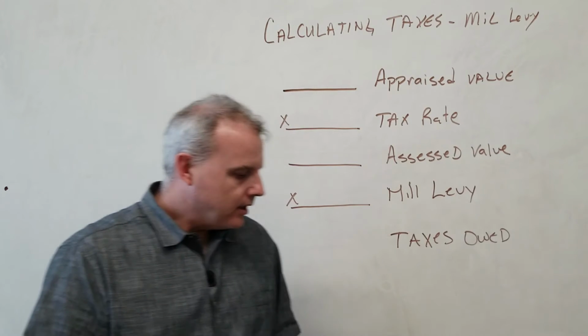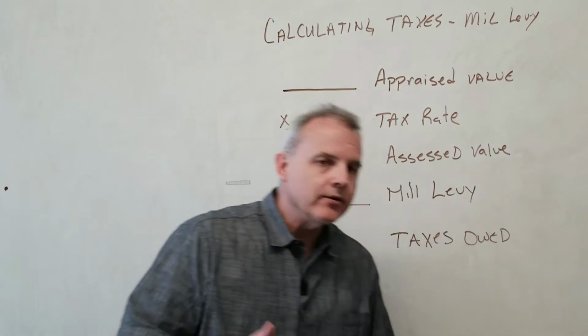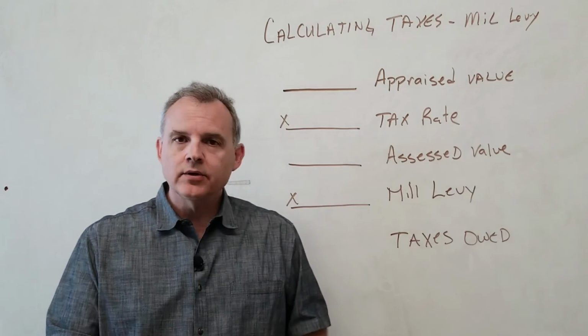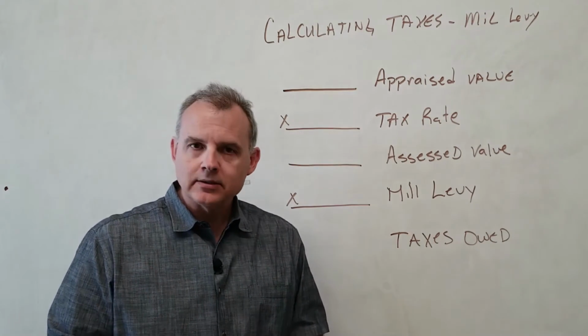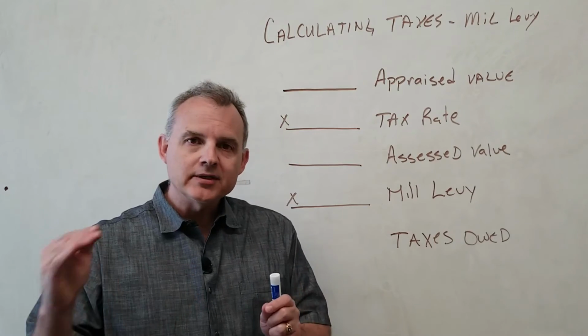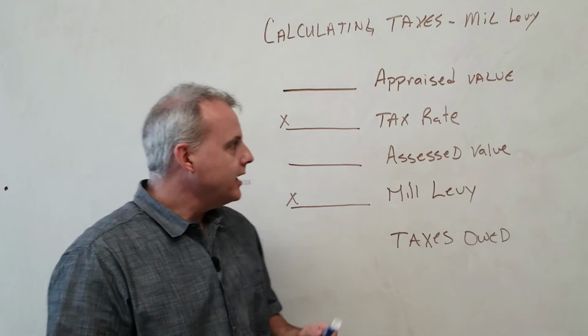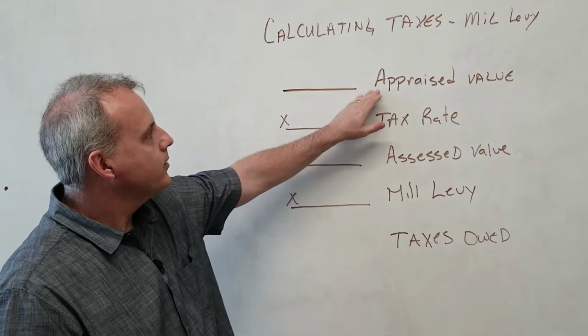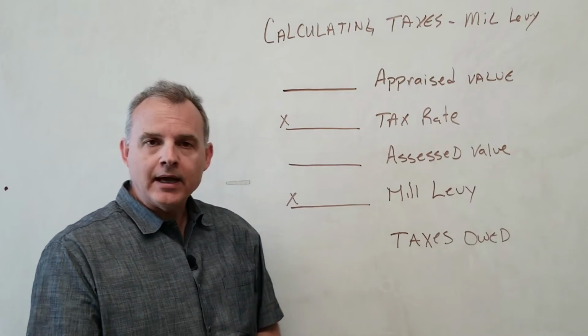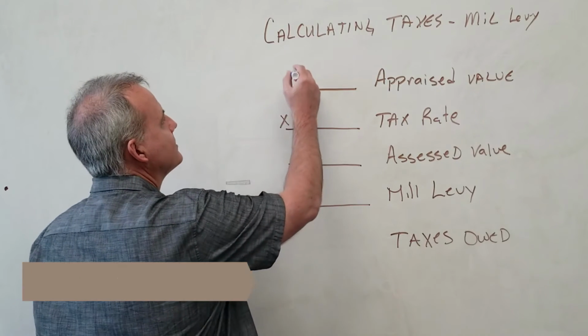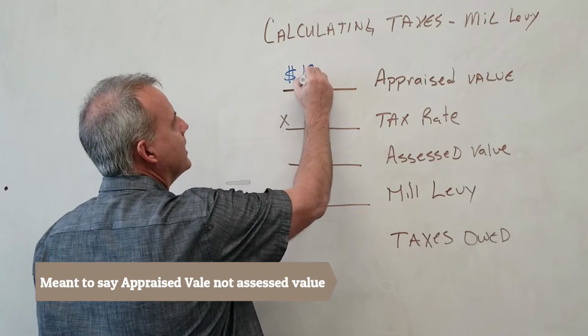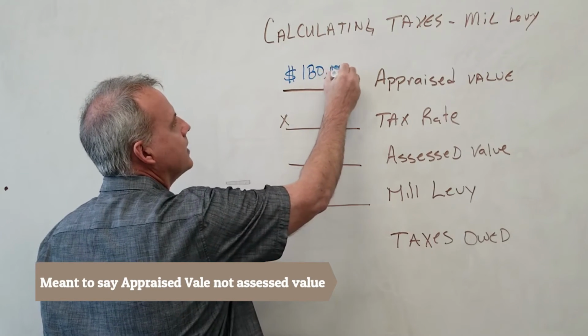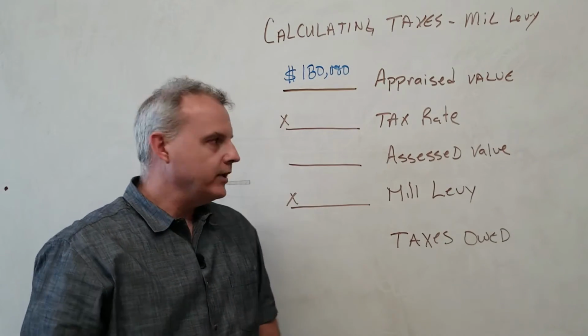And remember, anytime you work a math problem, whether it's figuring out property taxes or any other math problem, it's about a process. So we plug numbers into the process here, and I've given you the process on the board. We start with the appraised value, and on our math problem in the book, the appraised value is $180,000. That's where we always start.